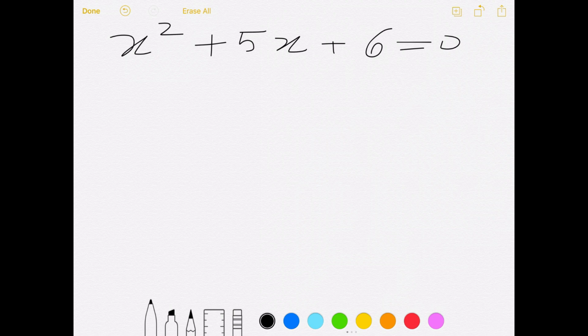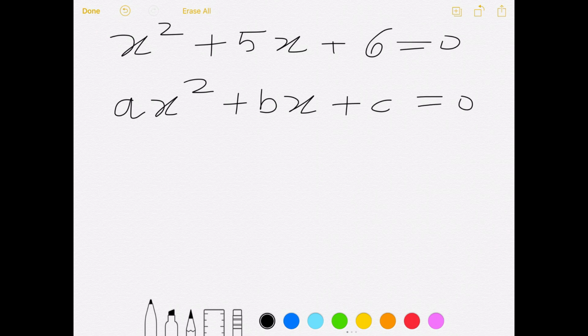Okay, one more thing before that. The general formula to write the quadratic equation is ax square plus bx plus c equals 0, where a, b and c are any numbers.